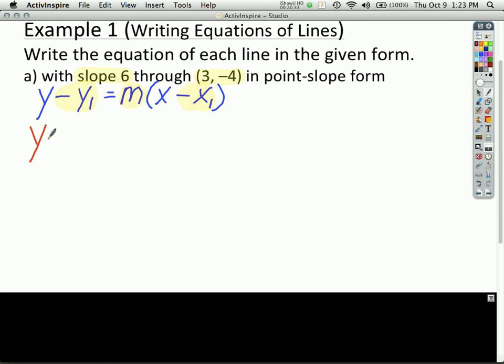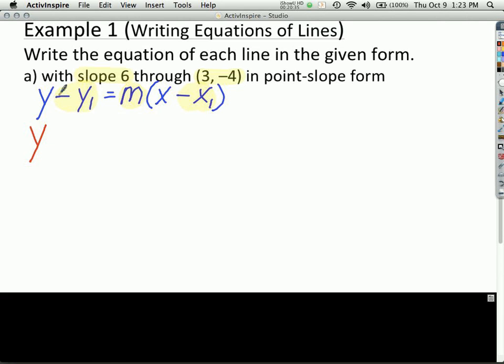So it's going to be y, and now we do minus y1. Well, that's minus -4. But you should remember that we in advanced math do not write minus a negative. What do we write instead?